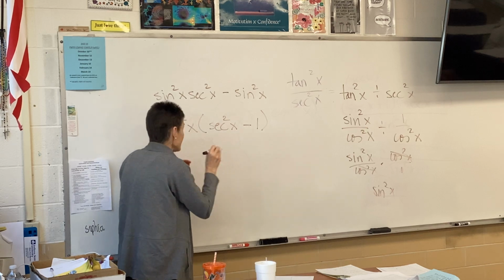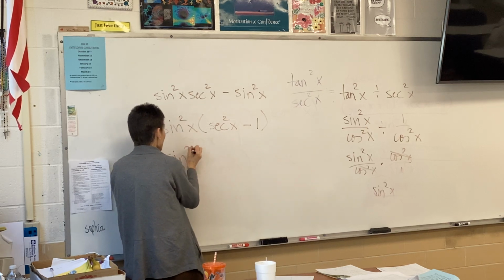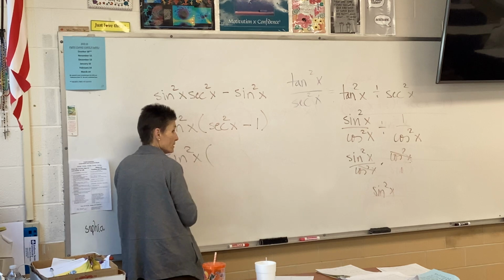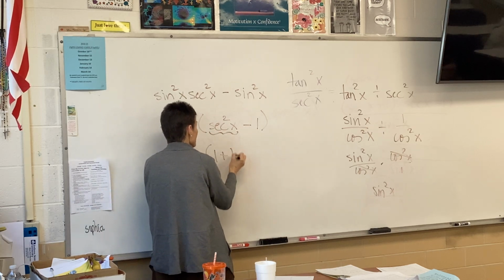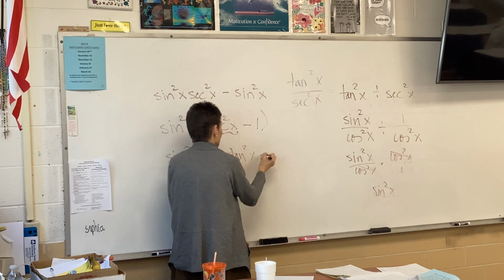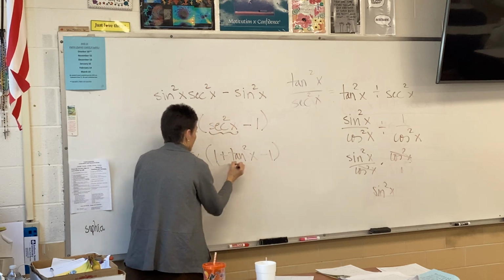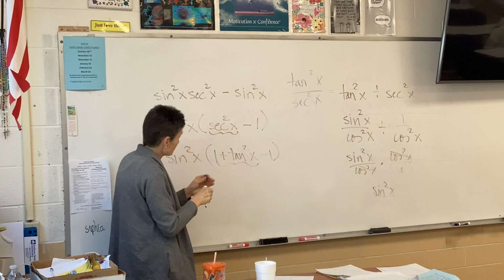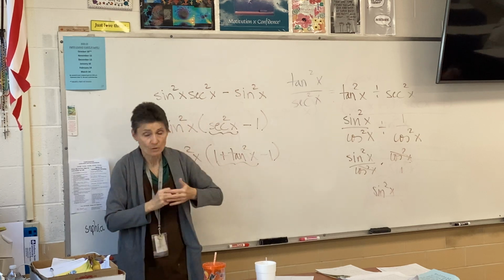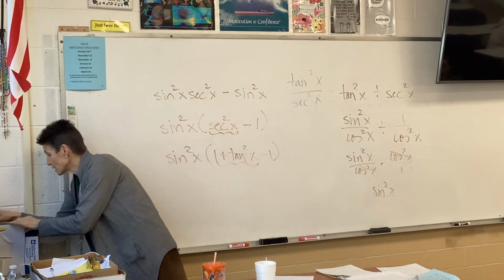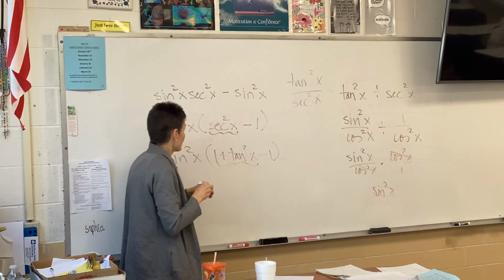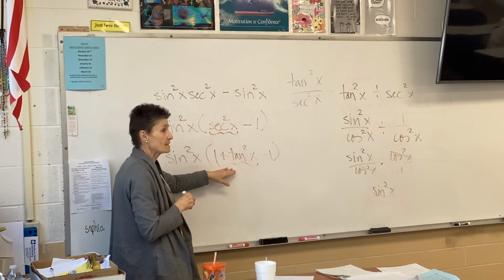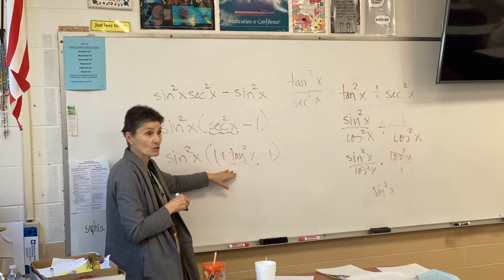So what that means is I can take this secant squared, right here, and I can write it as 1 plus tangent squared. So the parts with the little brace underneath, those are equal. Your sheet, which is kind of like your Bible right now, says secant squared is the same as 1 plus tangent squared.